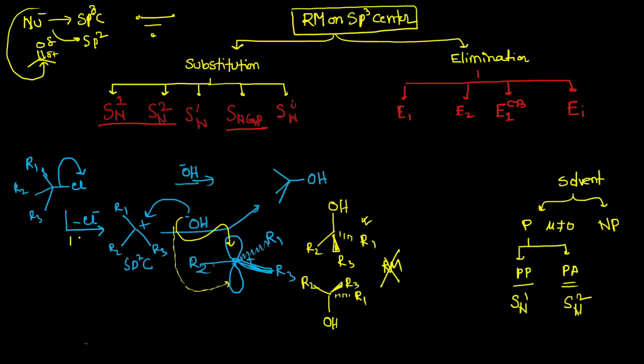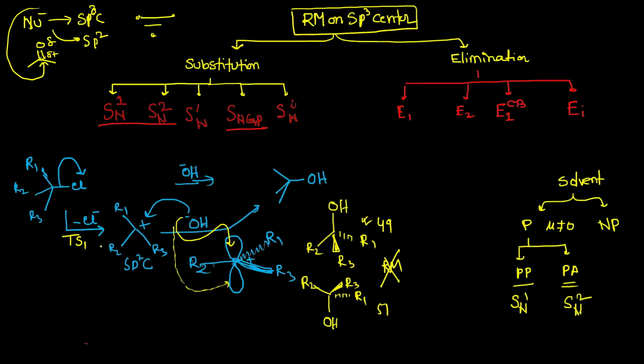So in the first transition state, it gets a little favorability, or a little advantage, from approaching from the top side. Okay, so one of them will be a slightly major product, but mostly racemization will occur. For example, I will get 49 of this molecule and 51 of this molecule, like this. One of them is going to be major, but only to a very small extent.